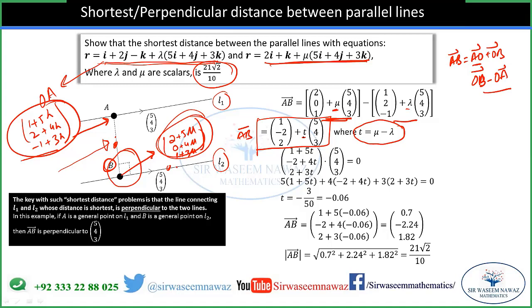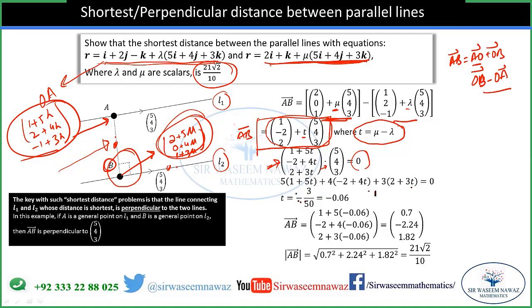Now we say that they are perpendicular. So when they are perpendicular, their dot product must be equal to 0. So I take this vector and I take the direction vector of any of the lines. Since they are parallel, their direction vector is the same. So this vector dot (5, 4, 3) must be equal to 0.